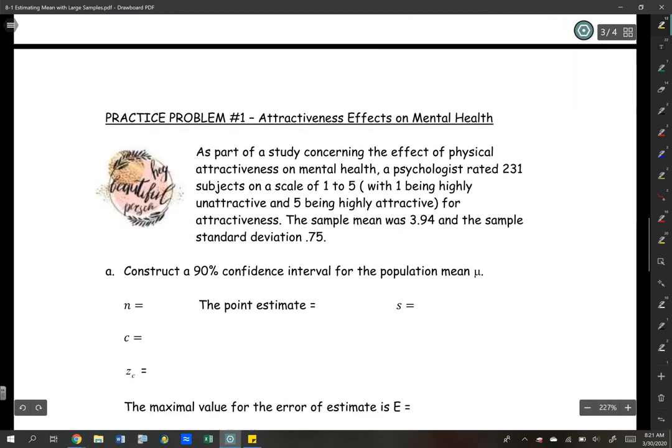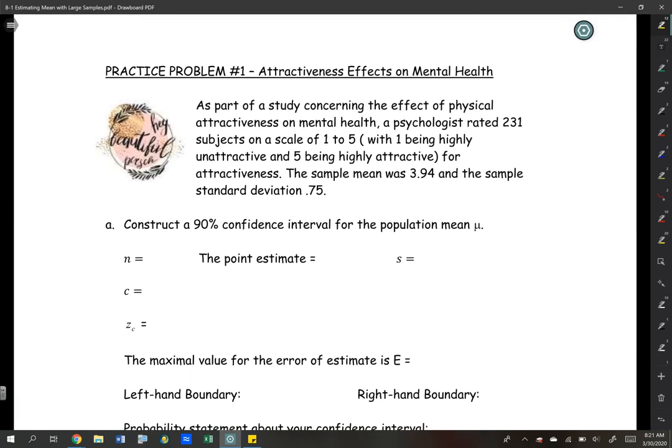All right, we're going to look at practice problem number 1. We're going to do two practice problems together here. As part of a study concerning the effect of physical attractiveness on mental health, a psychologist rated 231 subjects on a scale of 1 to 5, with 1 being highly unattractive and 5 being highly attractive, for attractiveness.